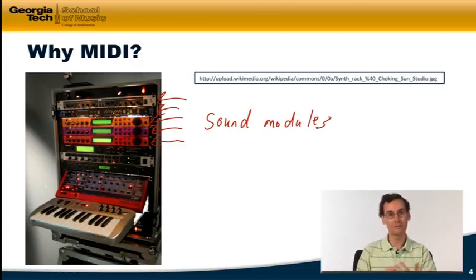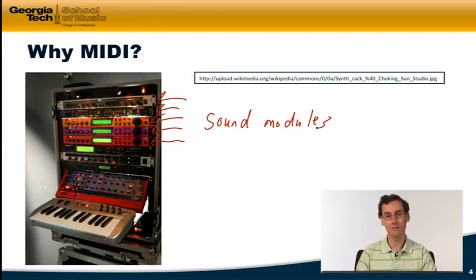And so MIDI arose to solve this very simple problem that musicians in their studios had all this hardware from different manufacturers, and they wanted to use it to make music together. Even the simplest notion of wanting to play a note on one keyboard from one company and have it trigger a sound on another one could be very difficult to accomplish.